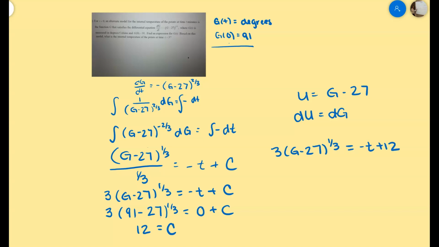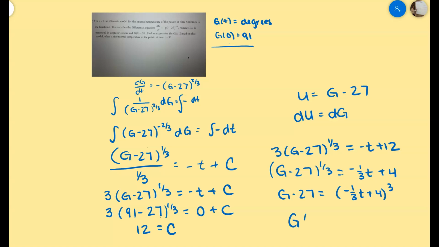And then we're going to work backwards to solve for g. So divide both sides by 3. And then to get rid of the cube root, we cube it. And then add 27.